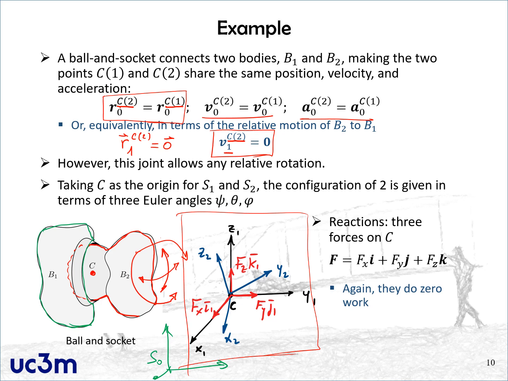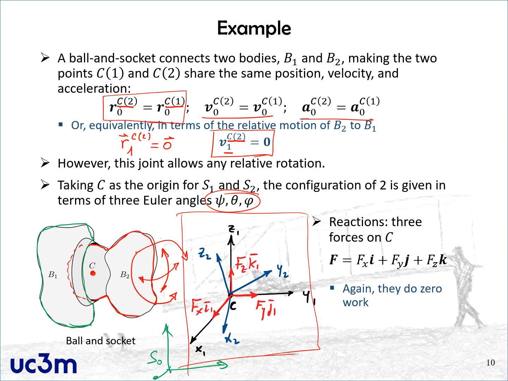In this case, we have a constraint that has dimension 3, so we have to choose 3 parameters to describe the relative motion of B2 with respect to B1. And in this case, since there are 3 rotations, we can choose, for example, 3, 1, 3 Euler angles, psi, theta, and phi.